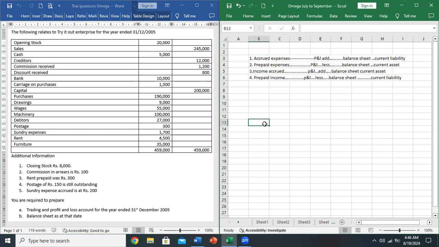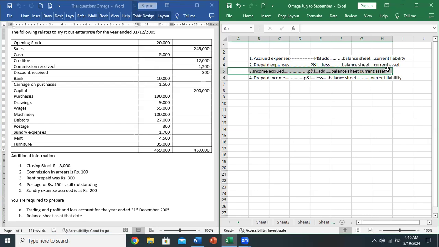And like we said, arrears simply means owing or outstanding or due or accrued. So this commission in arrears fits for the income accrued, which is the third point on my screen. An income is in arrears, or an income is owed to the business.